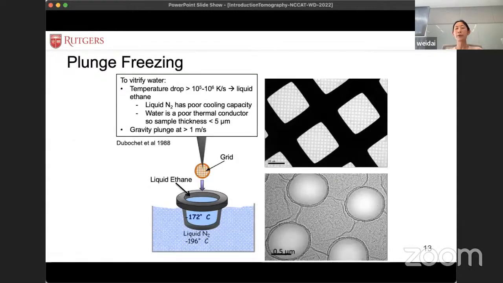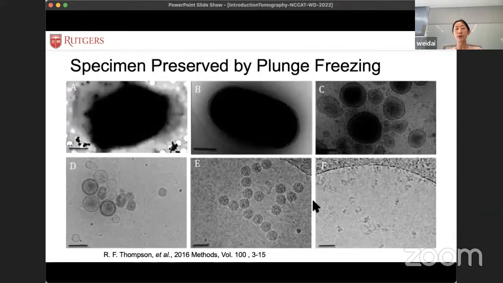Plunge freezing is still the most common sample preparation method for tomography. Samples for tomography studies include, for example, this one, probably a purified complex, some phage particles or viral particles.